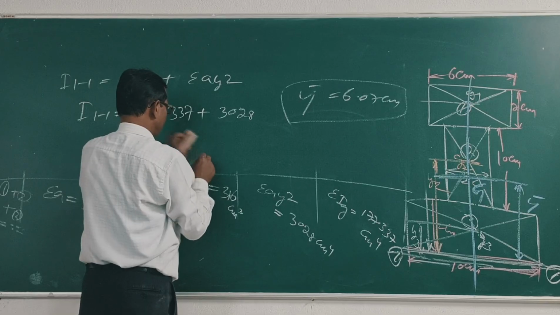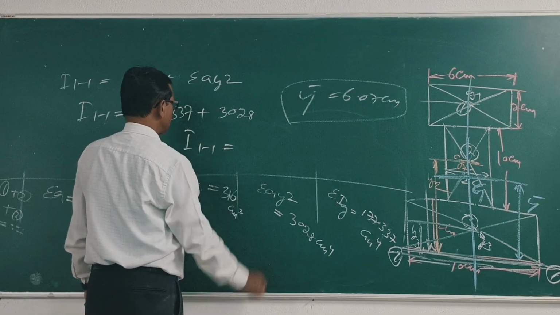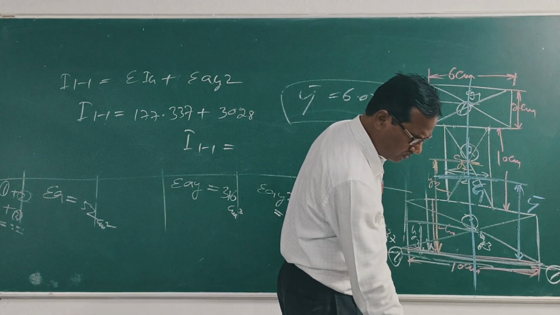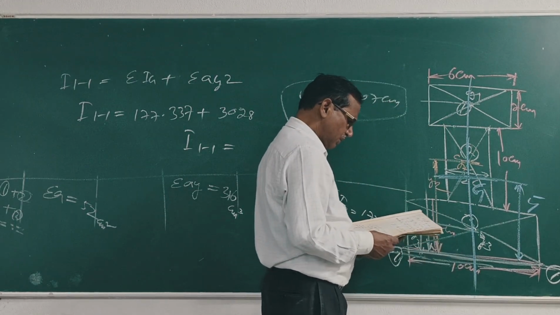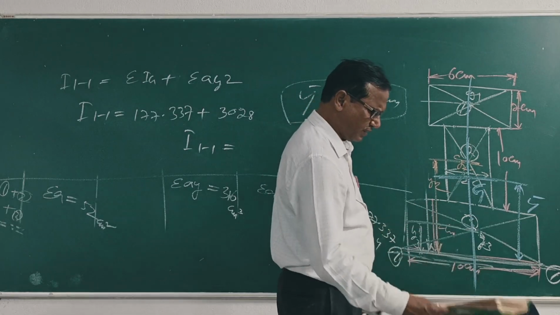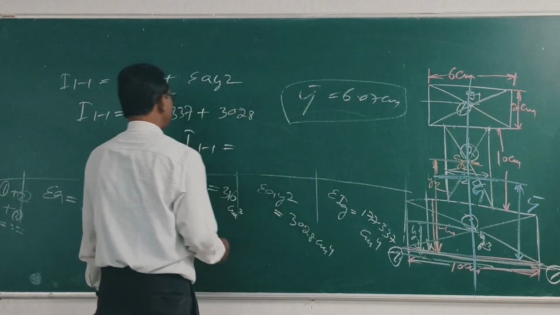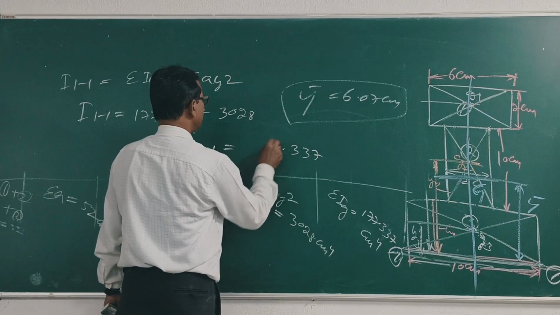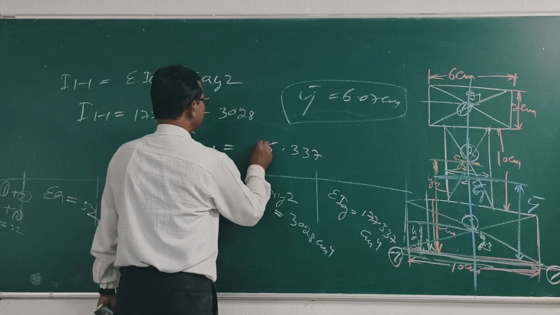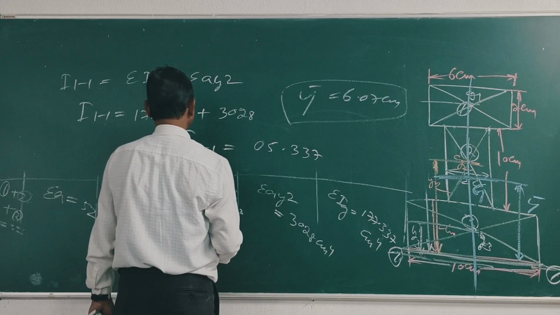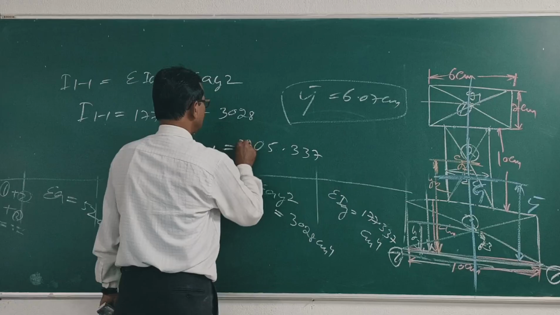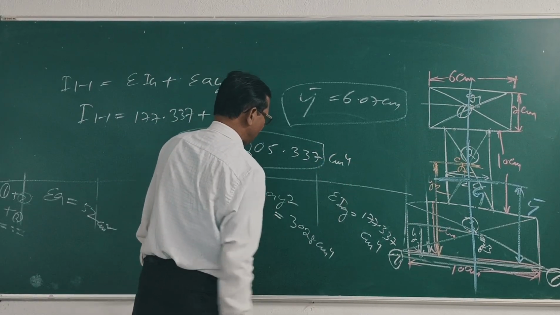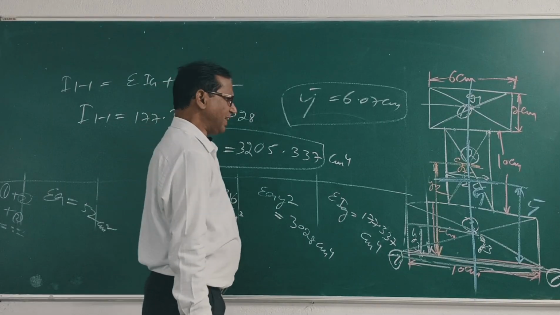So I11. Clear? I11 is equal to 3205.337 cm fourth.